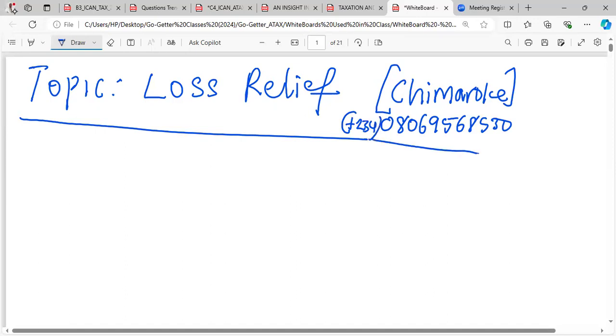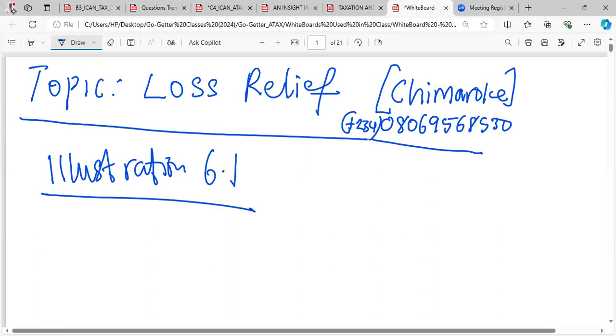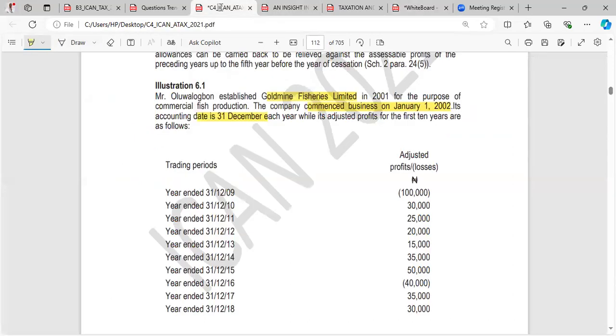All right, so we are on illustration 6.1, and this is Gold Mine Fishes Limited. Is it Gold Mine Fishes or Gold Mine Fishery? Gold Mine Fishes Limited.